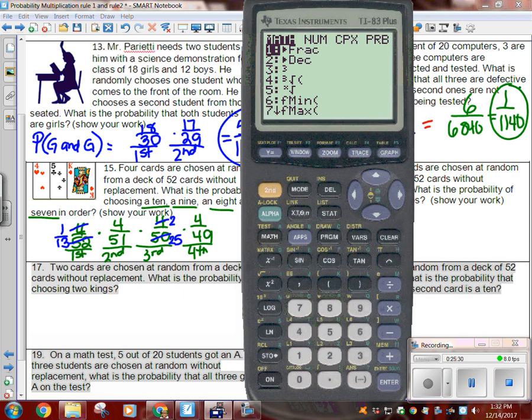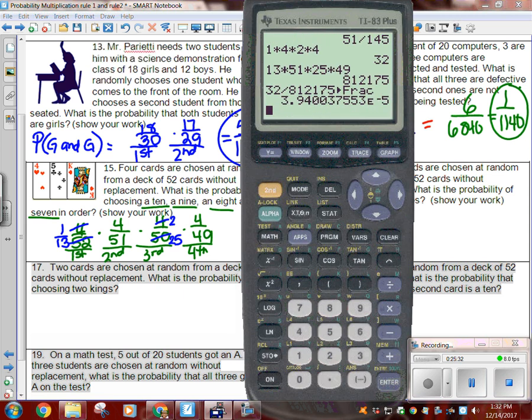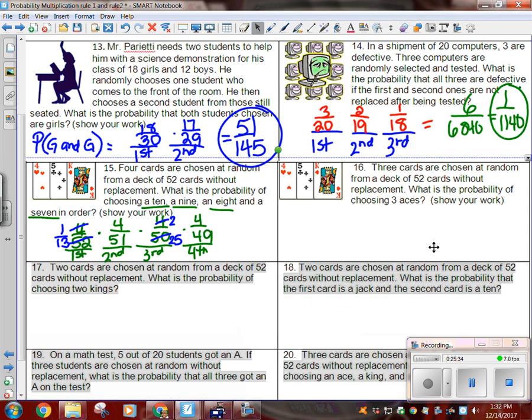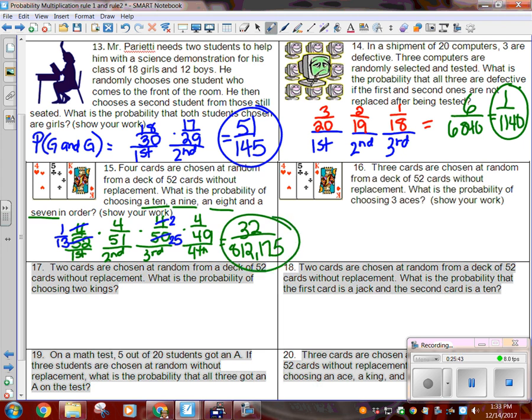Math key, fraction, enter, I don't think it reduces. It doesn't. So I got 32 over 812,175. The numbers get really, really big. All right, we do know that the multiplication can get really big numbers.